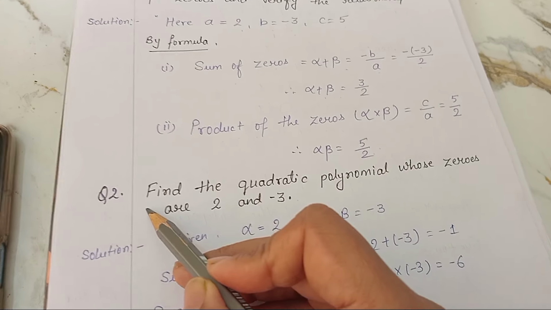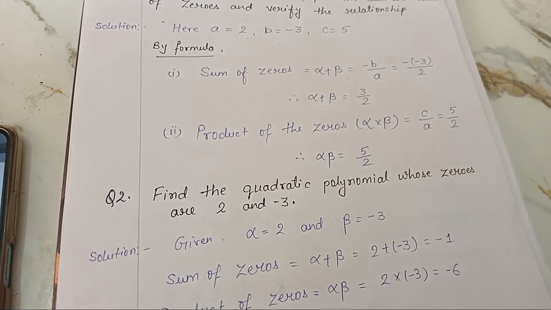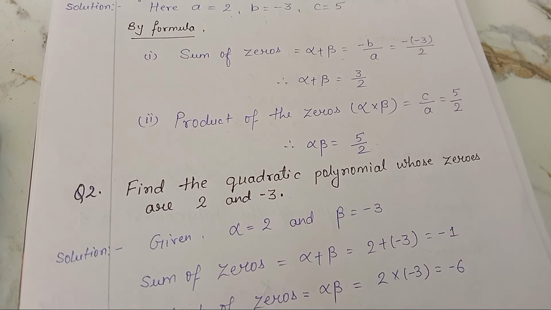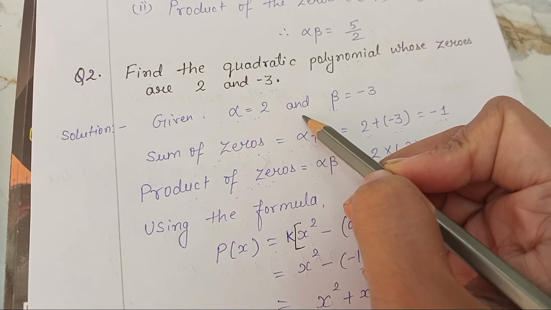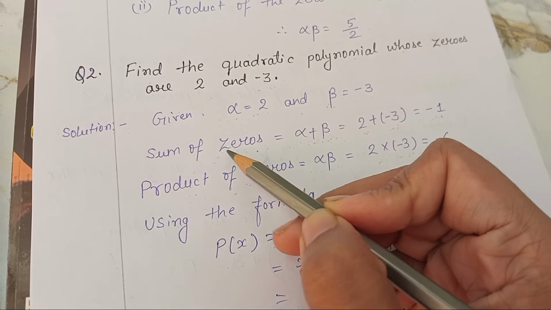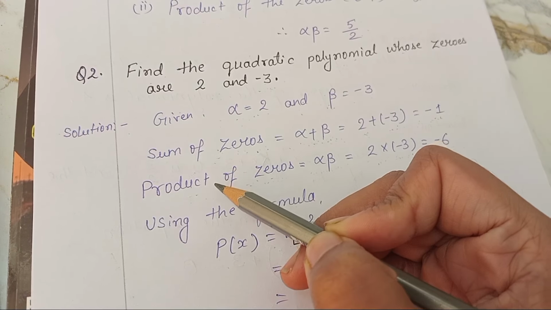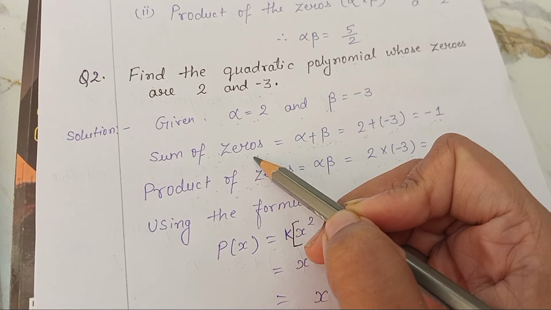Question number 2. Find the quadratic polynomial whose zeros are 2 and -3. The two zeros, let's call them alpha and beta. To build the polynomial, we need two things, the sum and the product of these zeros. First, find the sum.